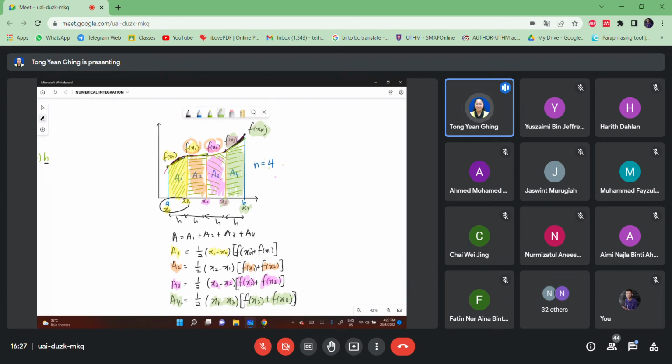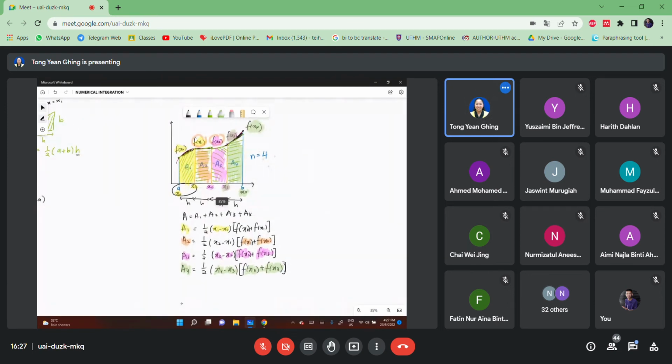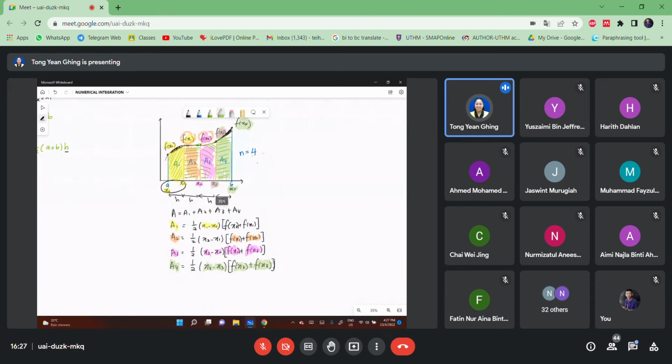Okay, if you look at here, what you can see is that when we do the integration from A to B, this Fx dx, the step size is H divided by 2. The first one, Fx0, appears once, and the last one, Fx4, appears once as well.